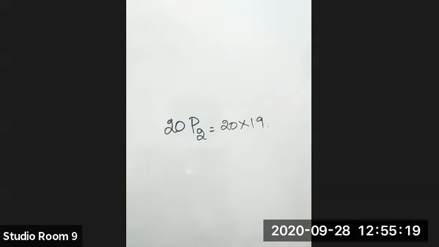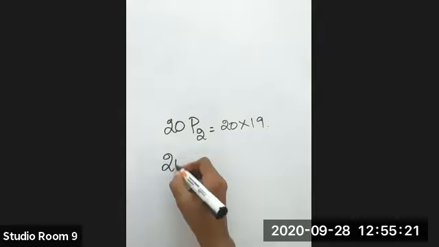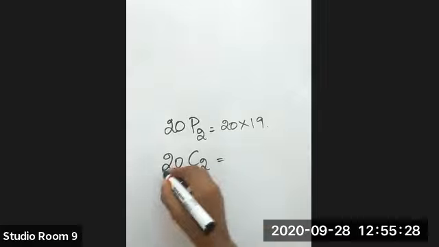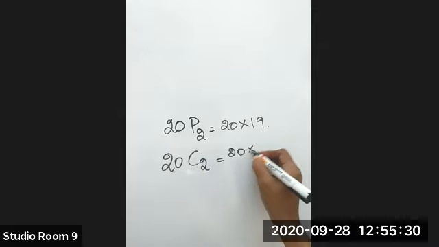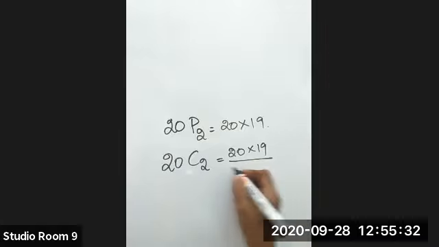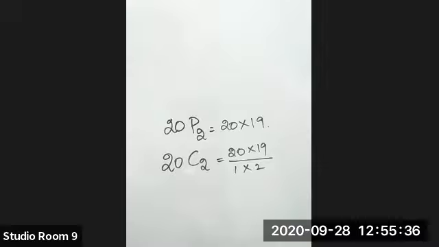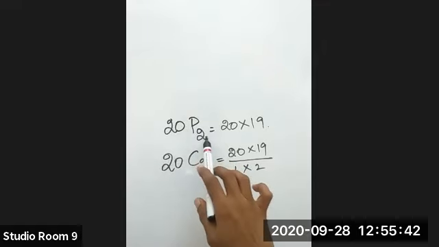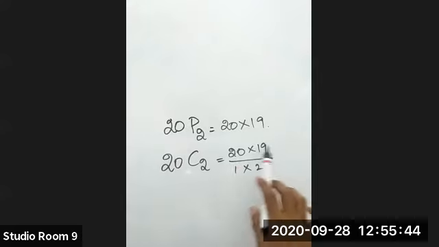In the same way, if it is 20C2, how can we write? 20 onwards, 2 numbers, 20 into 19 by 2, so 1 into 2. NPR by R factorial, isn't it? The same thing.